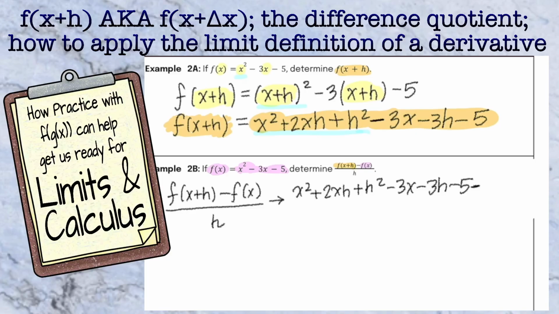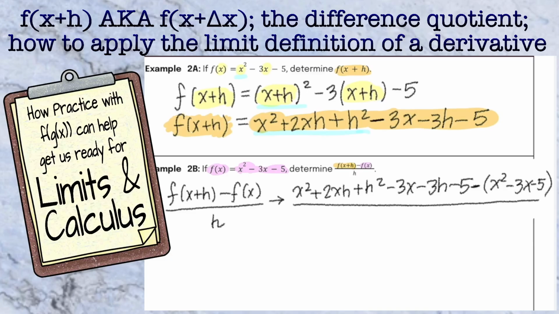Sorry, just want to make sure I have enough space. So minus x squared minus 3x minus 5, and then that is all over h.